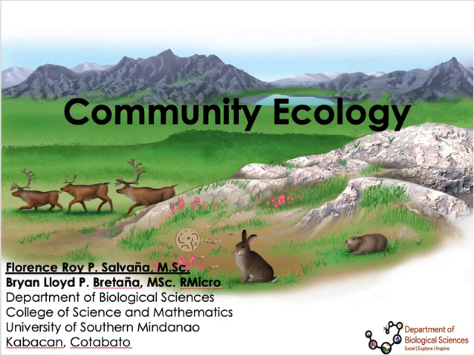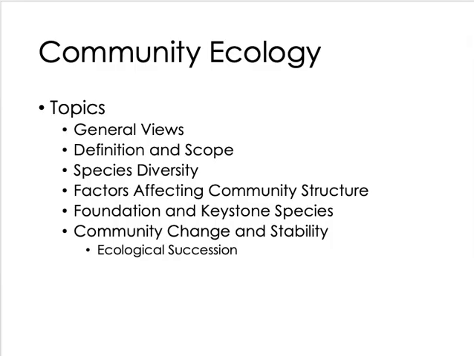In this discussion, we are going to include the general views of community ecology, the definition and the scope of community ecology, and the different components of community ecology, which generally constitute species diversity with different populations.